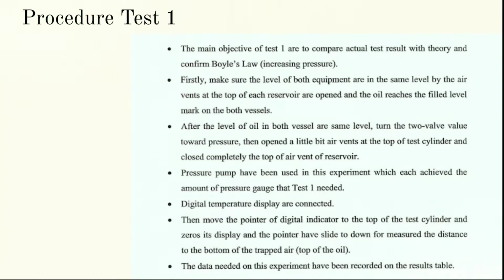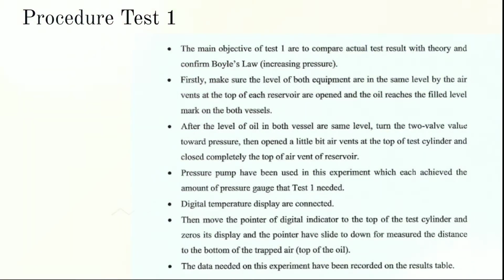Firstly, make sure the levels of both equipment are at the same level by having the air vents at the top of each reservoir open and the oil reaching the fill level marked on both vessels.